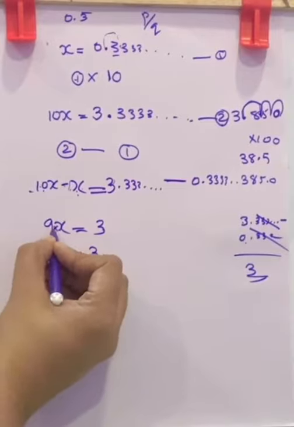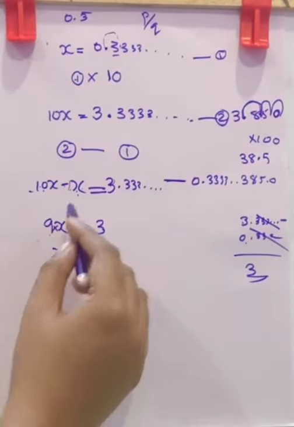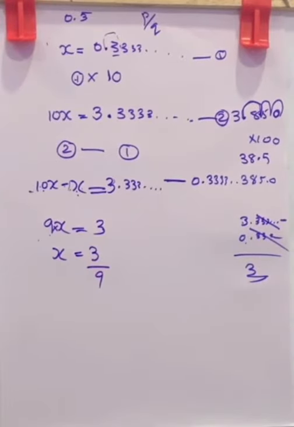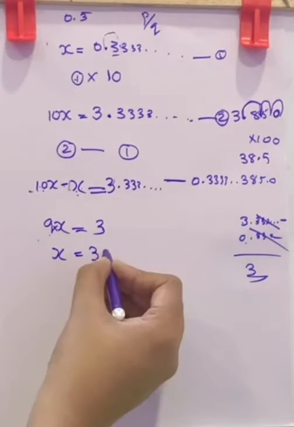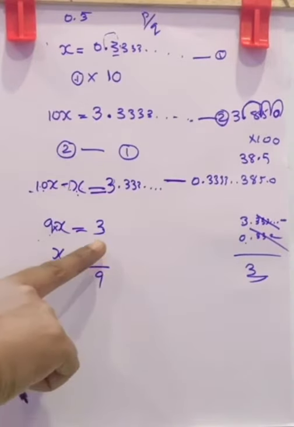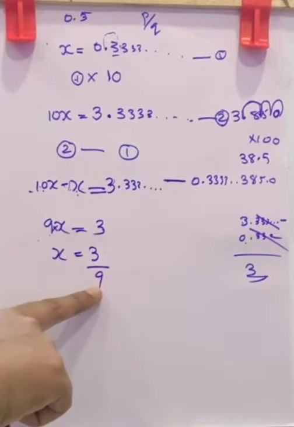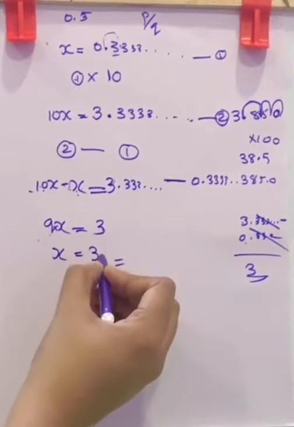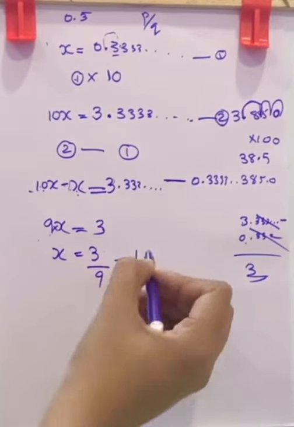Now this is multiplication here. Going to RHS, it becomes division. That is, x is equal to 3 by 9. Now 3 by 9: you have common factor 3 in numerator and common factor 3 in denominator. So making it to the least form, this becomes 1 by 3.